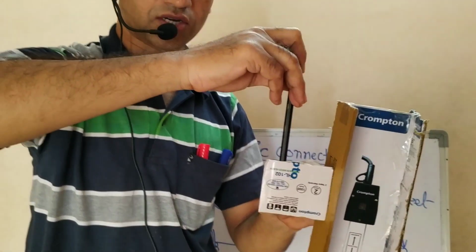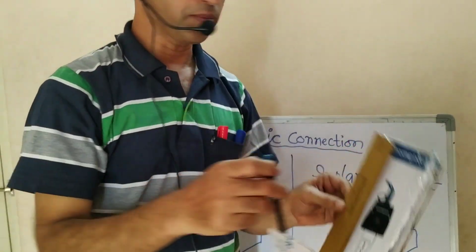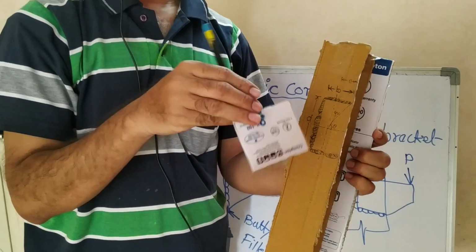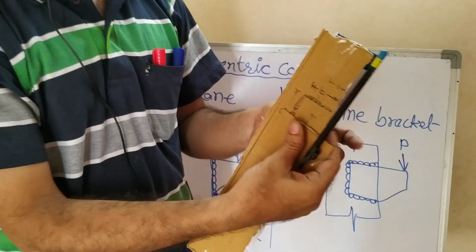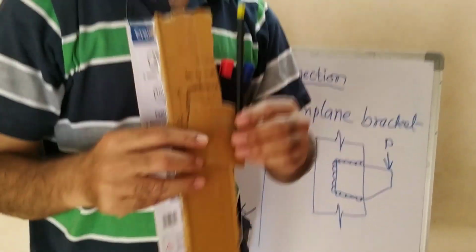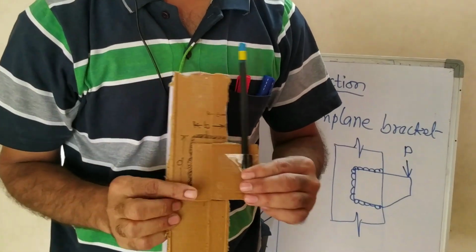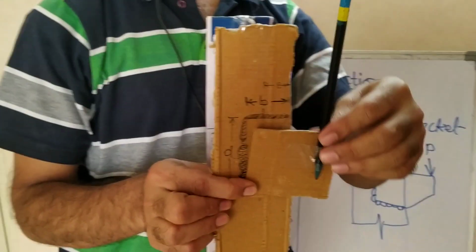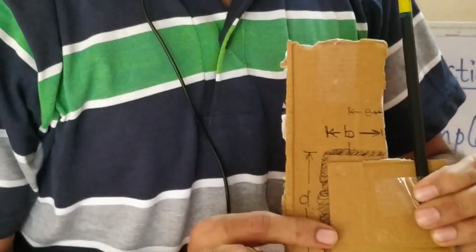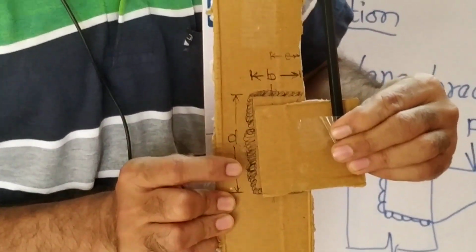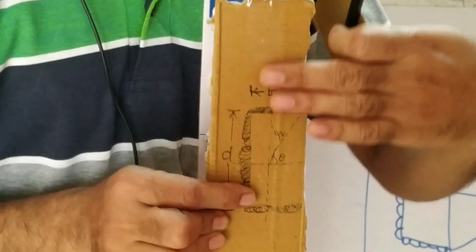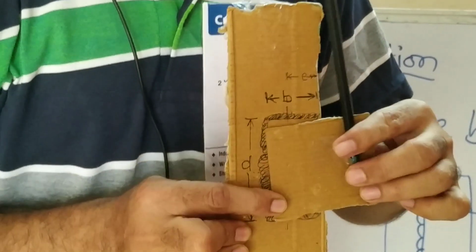The other connection is the in plane connection, which is something like this. Here this is a load and the plate is connected to the flange. Now the flange plane and the plate plane are the same.